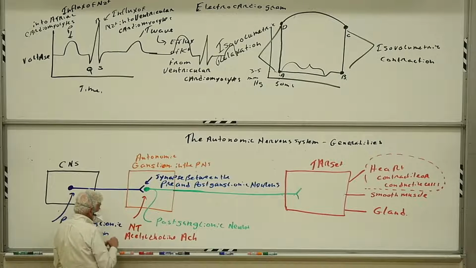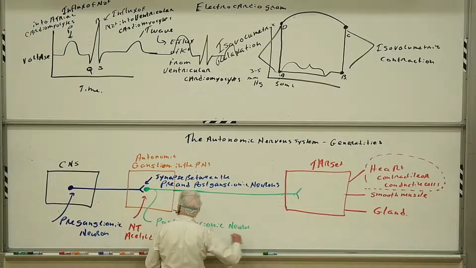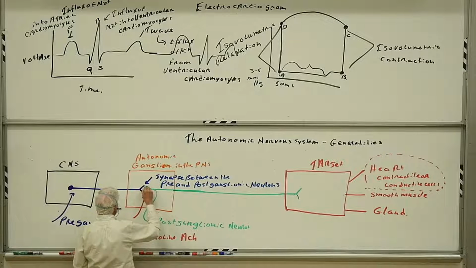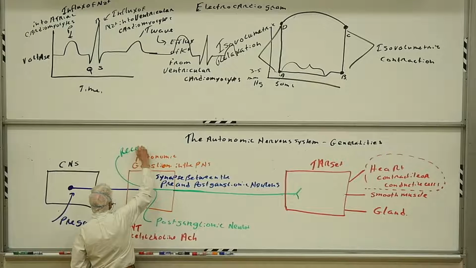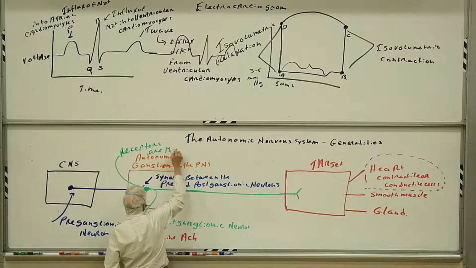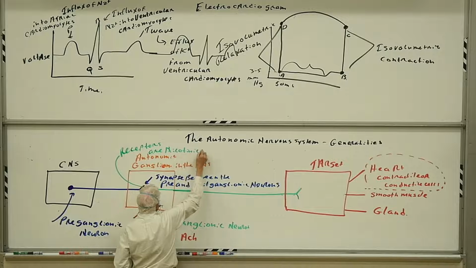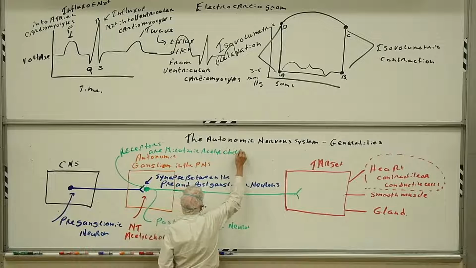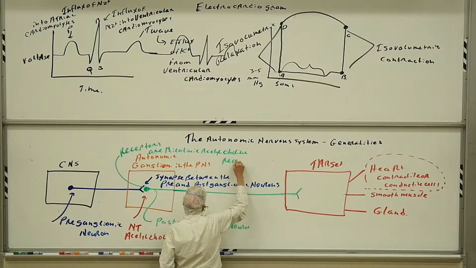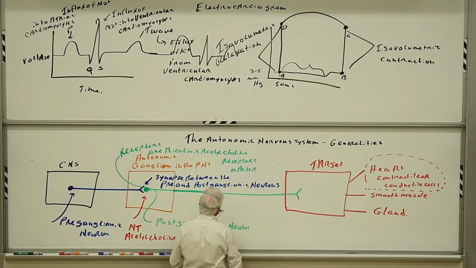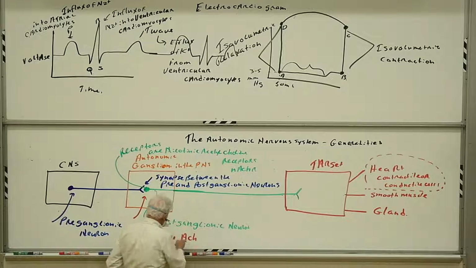And always at this site, the receptors are nicotinic acetylcholine receptors. We abbreviate this usually as small n, ACHR. So this is the receptor, this is the transmitter.